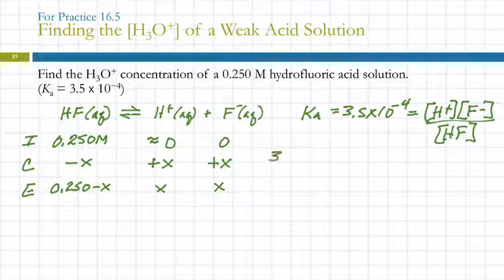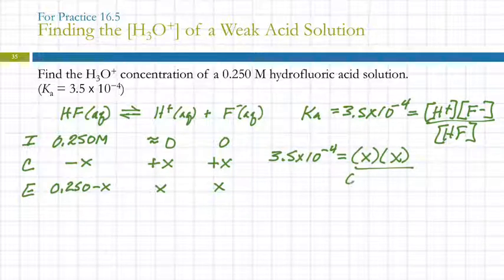So what I'm going to do is substitute in my x terms. H+ is x, F minus is x, and HF is 0.250 minus x.